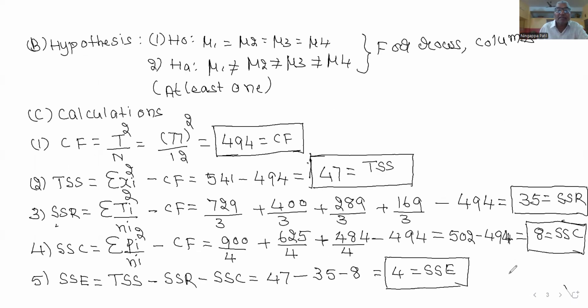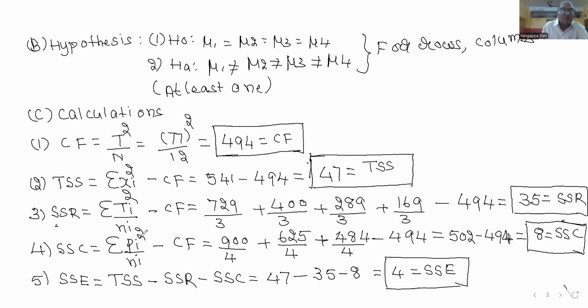You can make the calculation. Look here, and minus 494, you are getting 35. This is SSR. Box it because it is an important result.